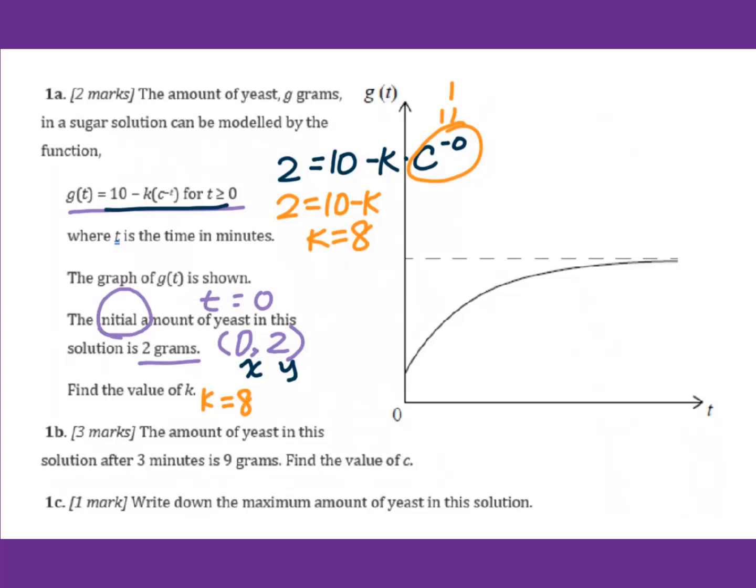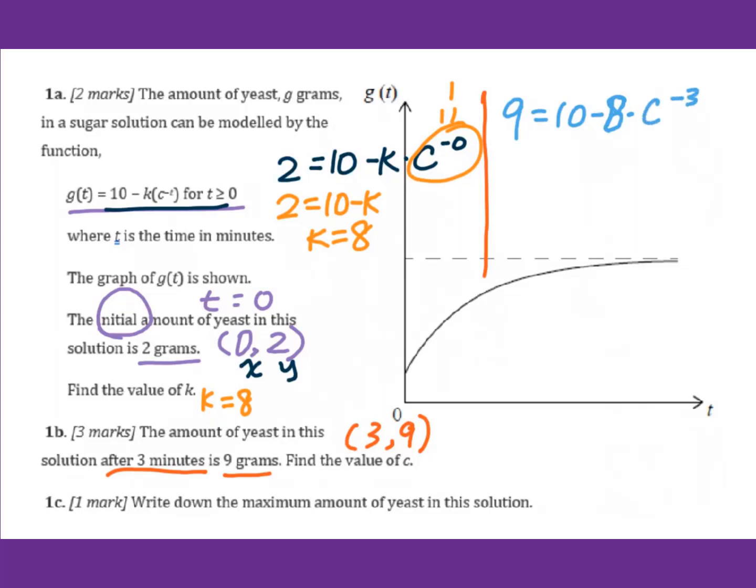For 1b, the amount of yeast in this solution after 3 minutes is 9 grams. So you have (3, 9). Then we plug in. You will get 9 equals 10 minus k, that is 8, so you change k into 8, times c to the negative 3rd power.